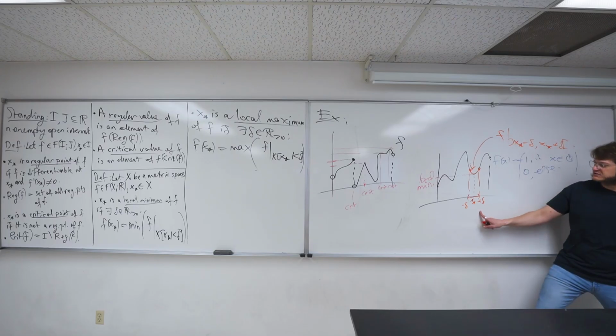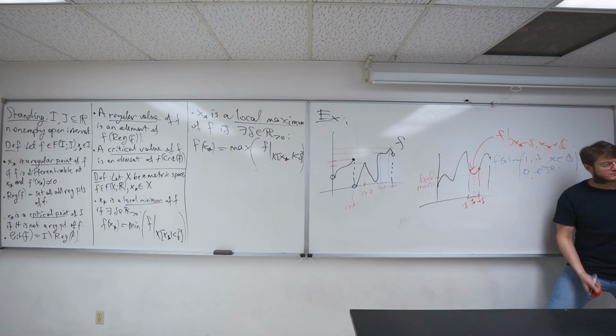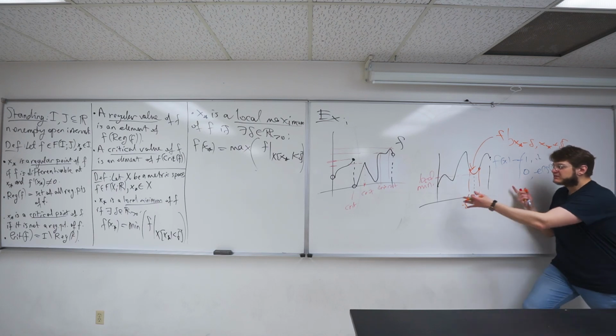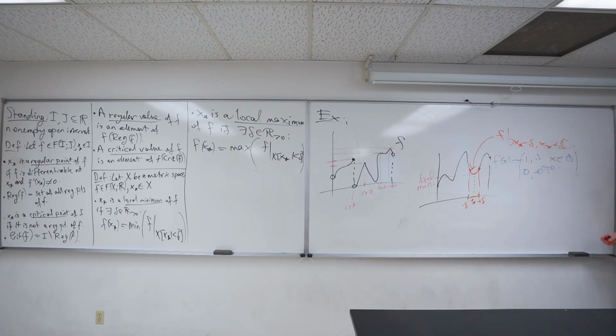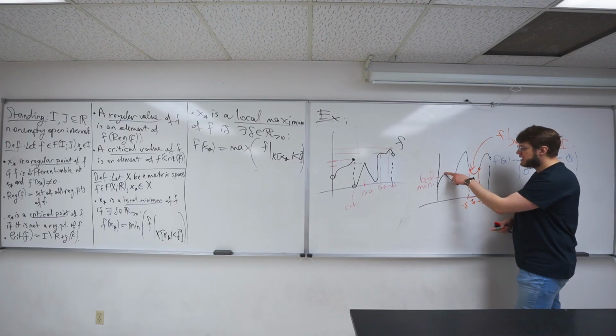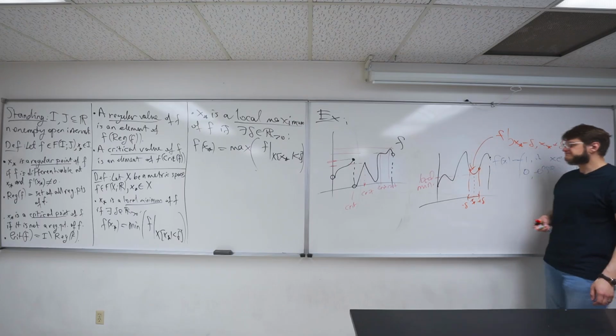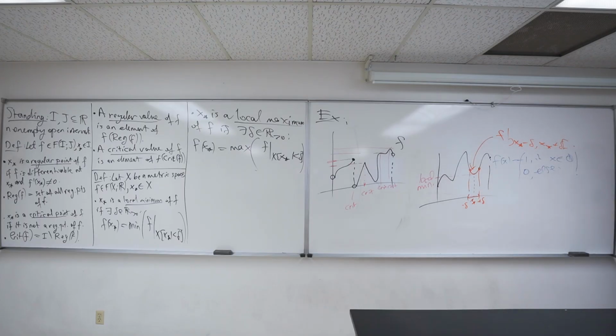For this restriction, you see this is the minimum. It is not the minimum at large, but locally it is. And likewise, this right here is a local max. This is a local min, and so on.